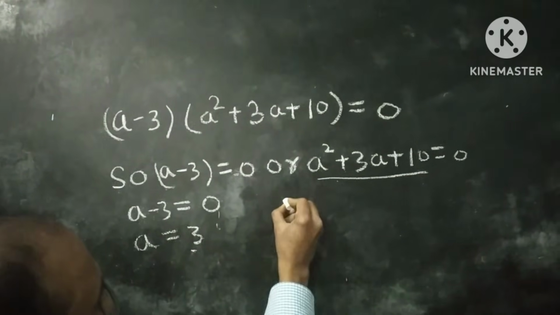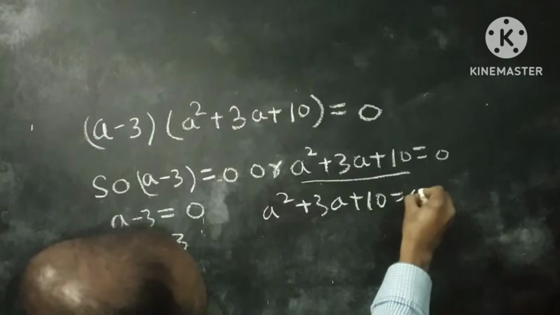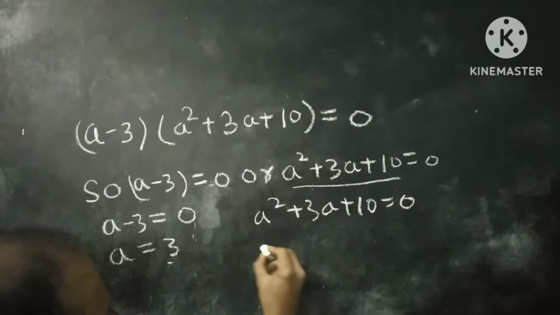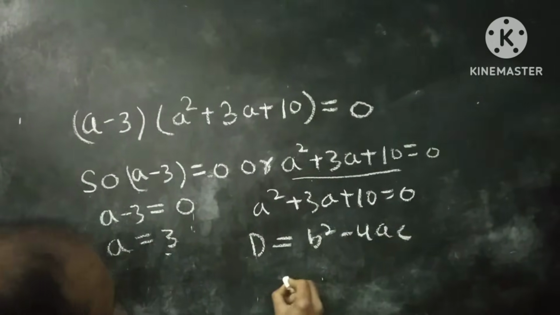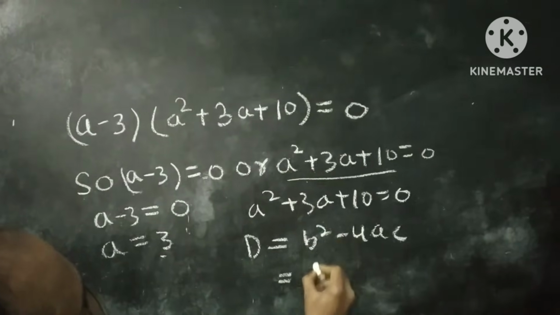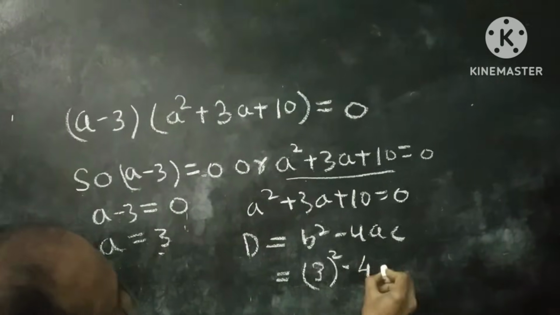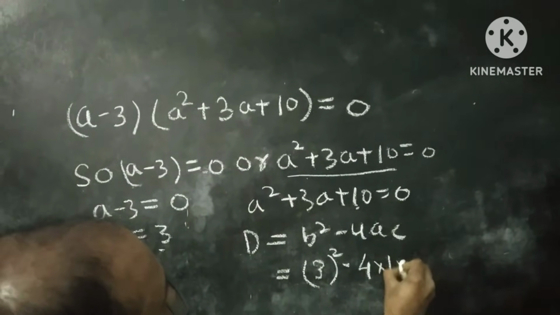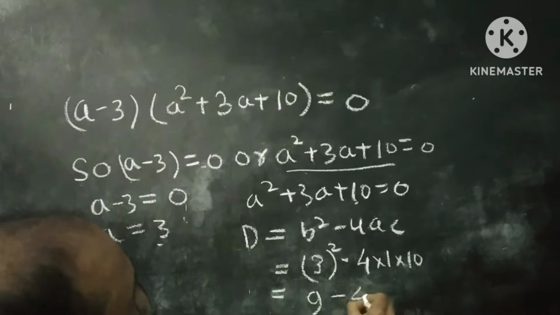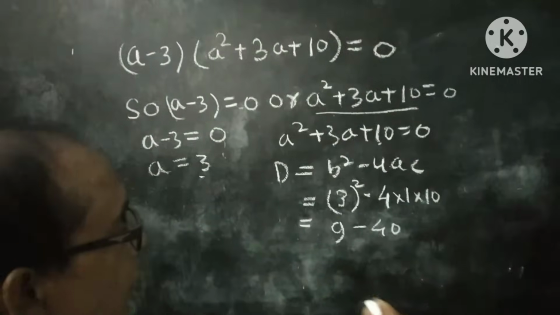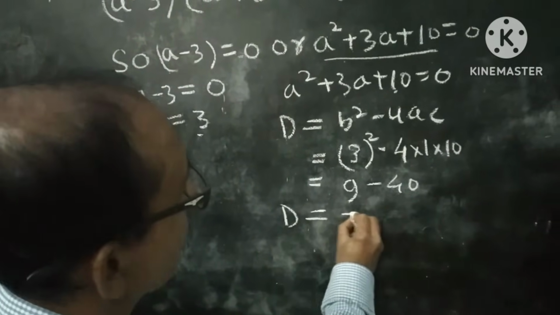So put a square plus 3a plus 10 equal to 0, and discriminant D equal to b square minus 4ac, with b equal to 3, a equal to 1, c equal to 10: 3 square, 9, minus 4 times 10 is 40, 9 minus 40, D equal to minus 31.